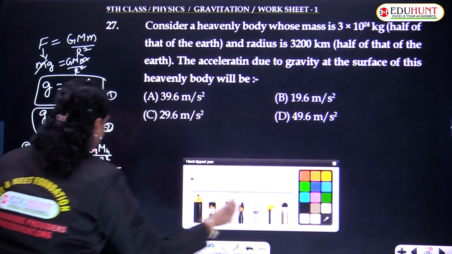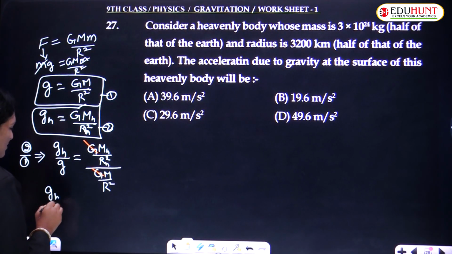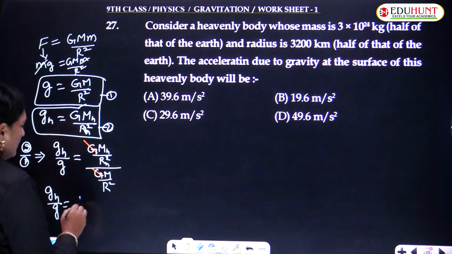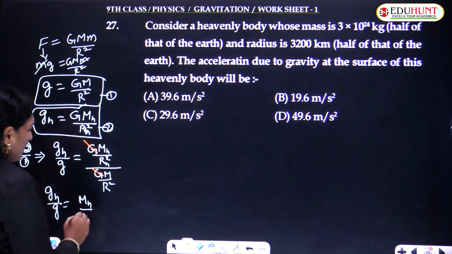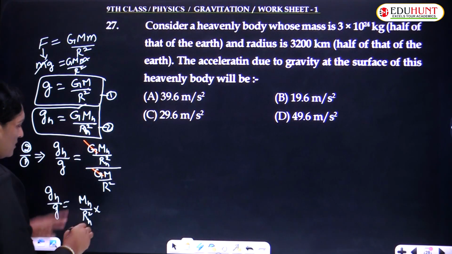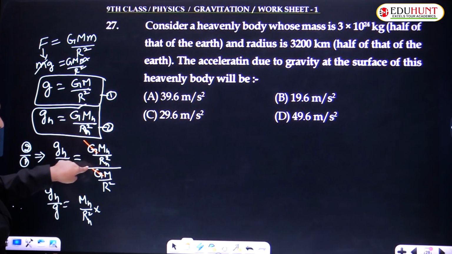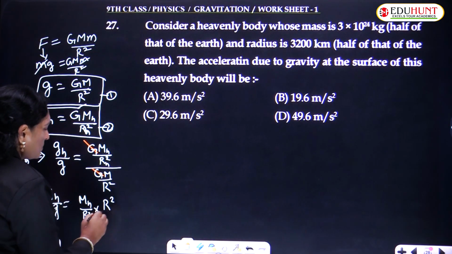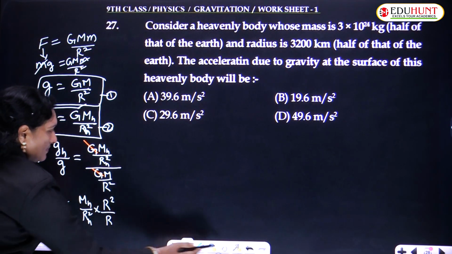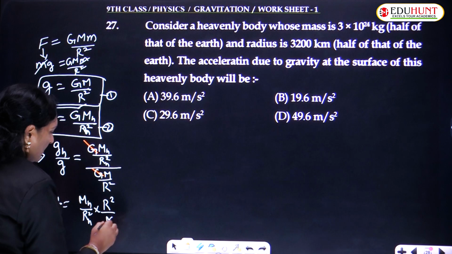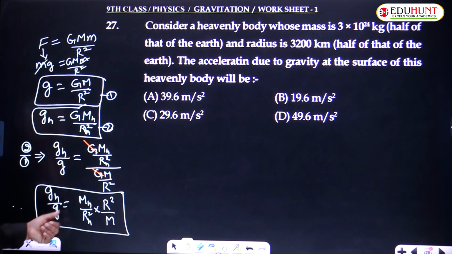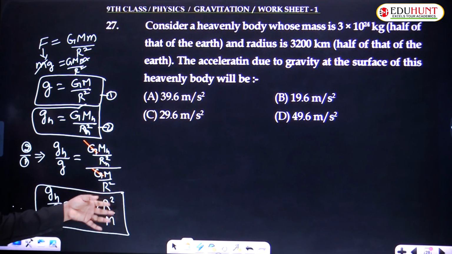Hence, gH by g equals MH by RH square, and since the divide symbol means multiplication by the reciprocal, into R square by M. So what is the ratio? gH by g equals MH by RH square into R square by M.